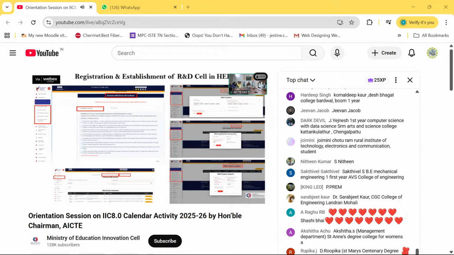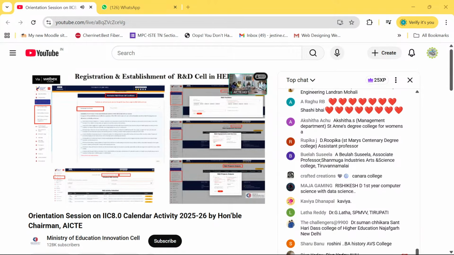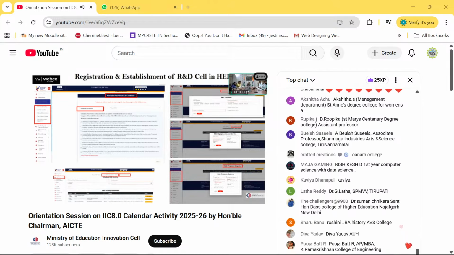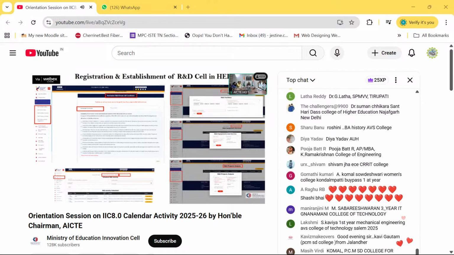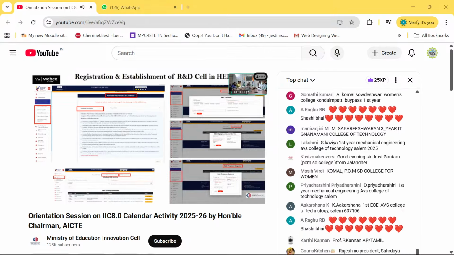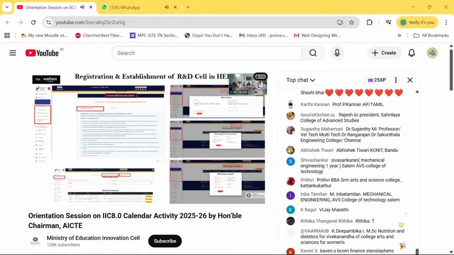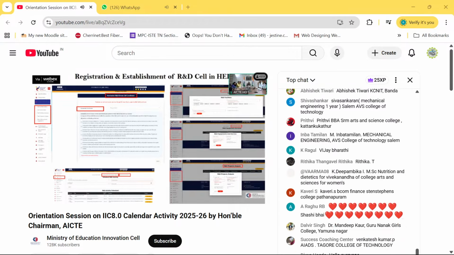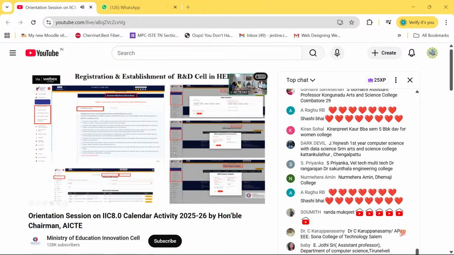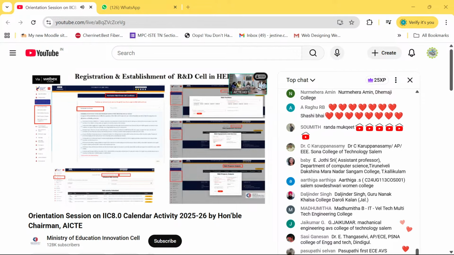If the institute wants to nominate some senior faculty as the R&D cell coordinator, then first they have to join the IIC team. Then from that IIC team, the institute has to nominate that person as the R&D cell coordinator through the IIC portal. And also they have to give the commitment for the minimal things to be provided from the institute, and the consent and R&D cell nomination will be received through the IIC portal.